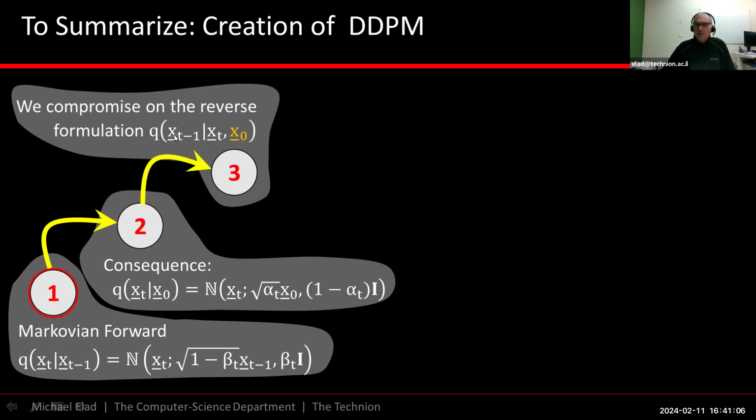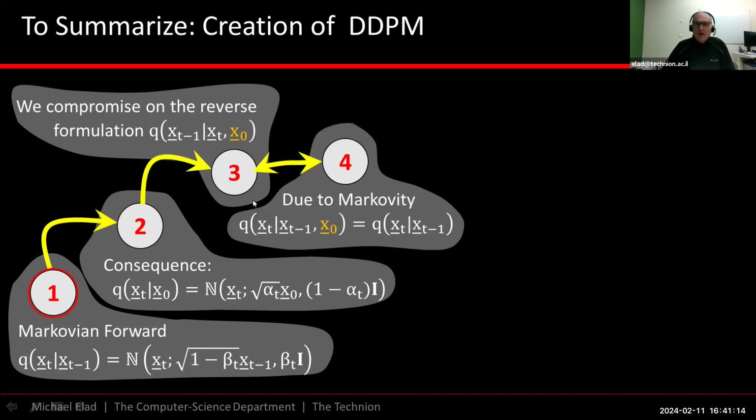We wrote the reverse, but knowing x0. It's a compromise versus what we really need because we don't know x0. Then we realized that with the Bayes rule that replaces the order, if you go forward and know x0 or don't know it, it doesn't really matter. So this is an observation that we relied on.